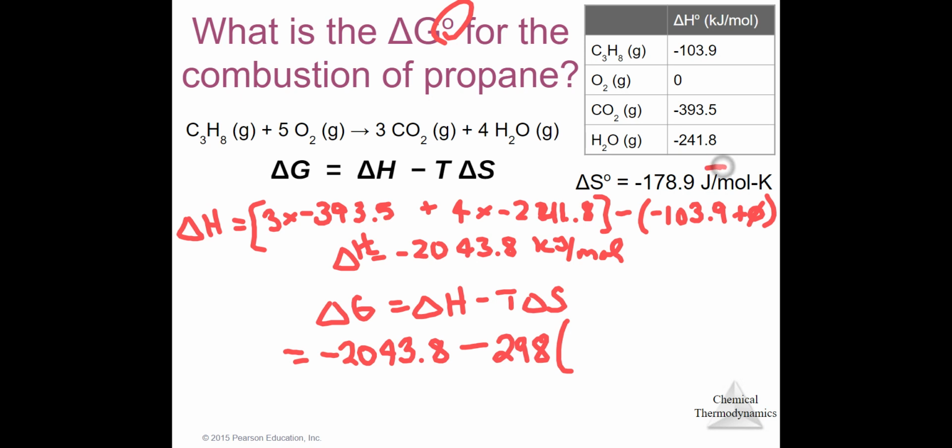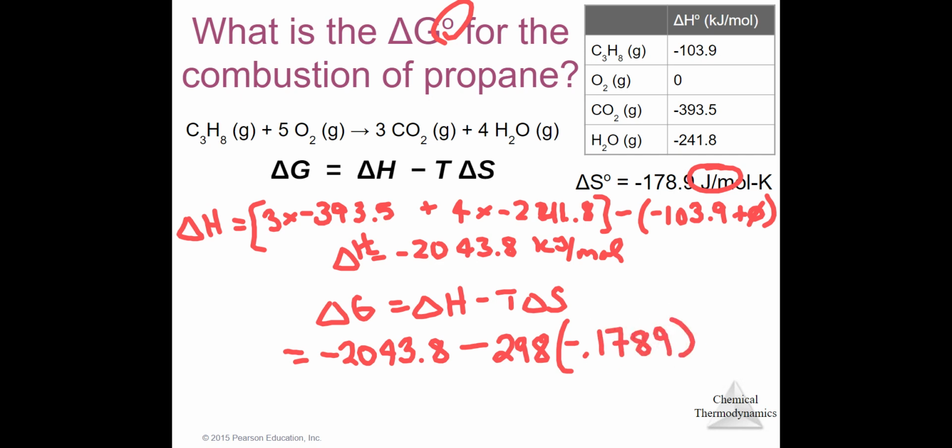Reminder, delta S is in joules per mole Kelvin, so I cannot just put negative 178.9. I need to convert that to kilojoules so it matches the kilojoules of our delta H here. So I'm going to write negative 0.1789. That is definitely a sticking point.